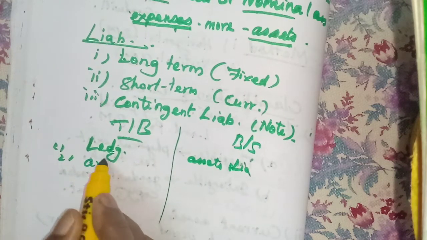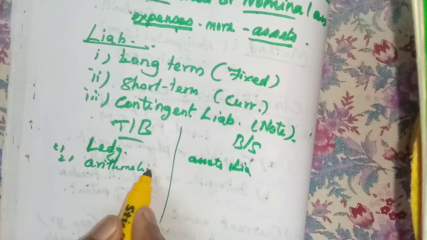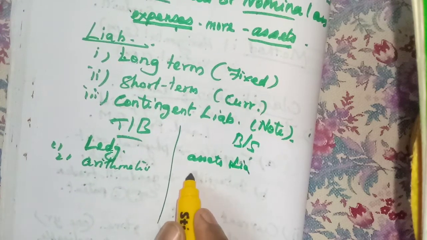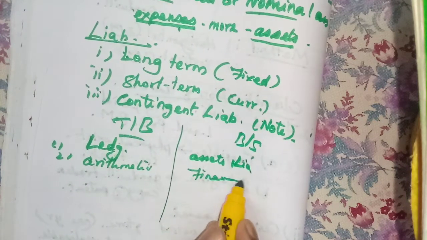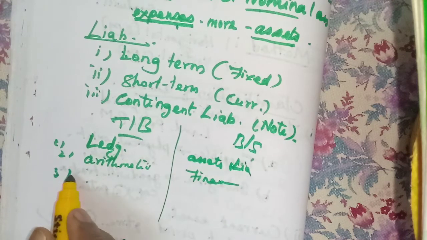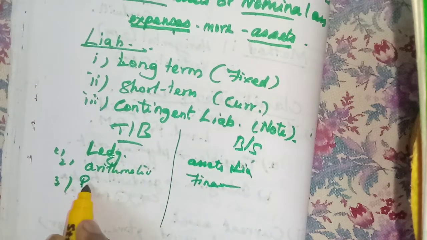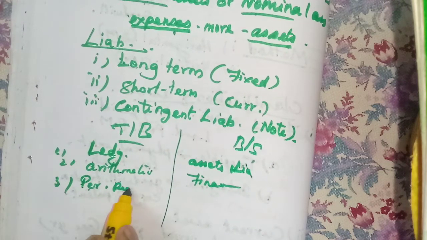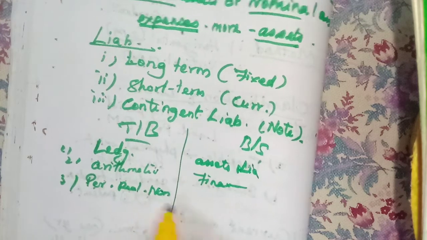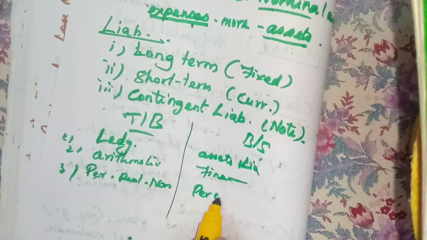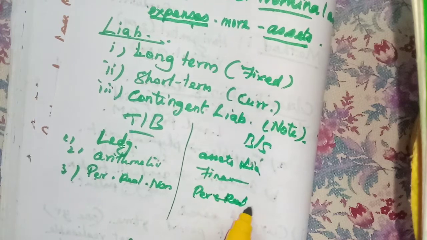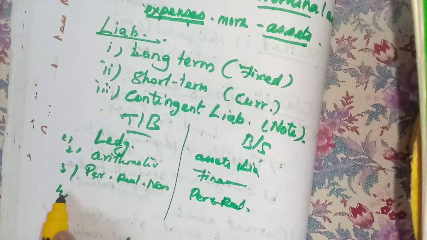To check the arithmetic accuracy of the books. Here, in the balance sheet, it is to find out the financial position of the business, isn't it? The trial balance is a summary of all personal, real and nominal accounts, but in the balance sheet only the personal and real account balances are shown, isn't it?